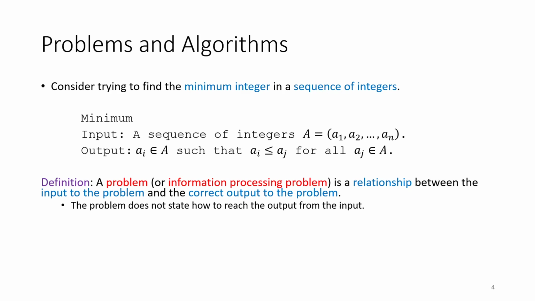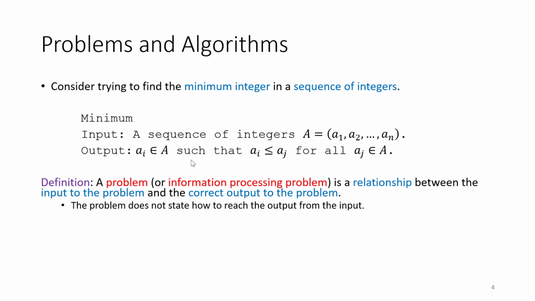But the way that this problem is defined right now, the output has to be some element of the sequence. So the output is saying return AI such that it is an element of the sequence. If the sequence doesn't have any elements, then it's impossible to return an AI. So that's a different case.